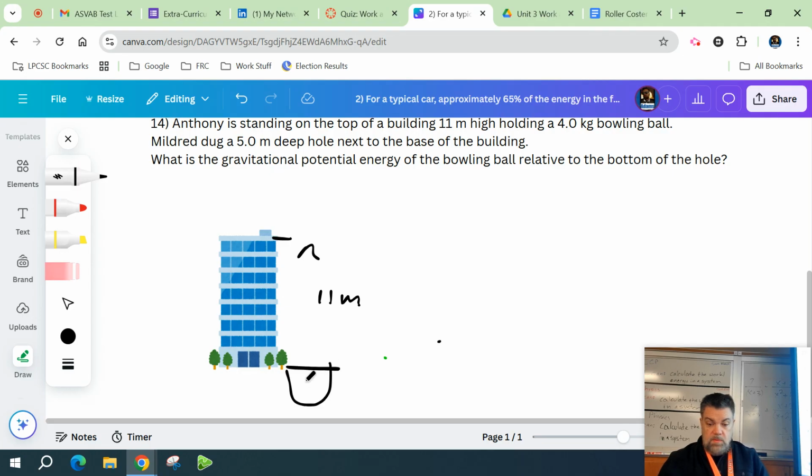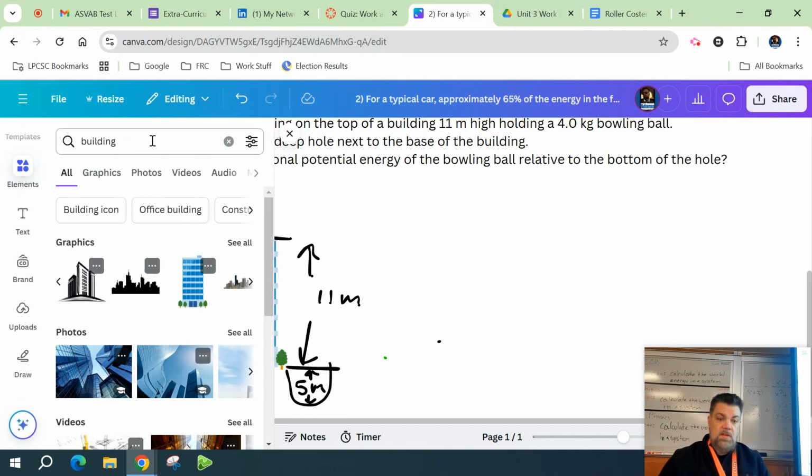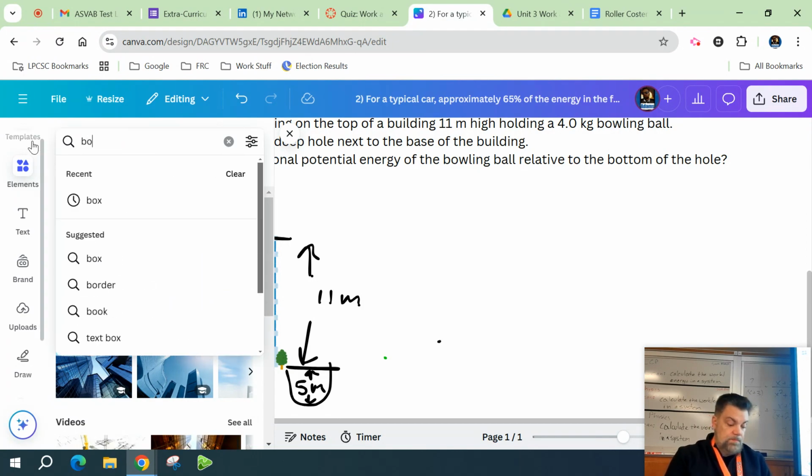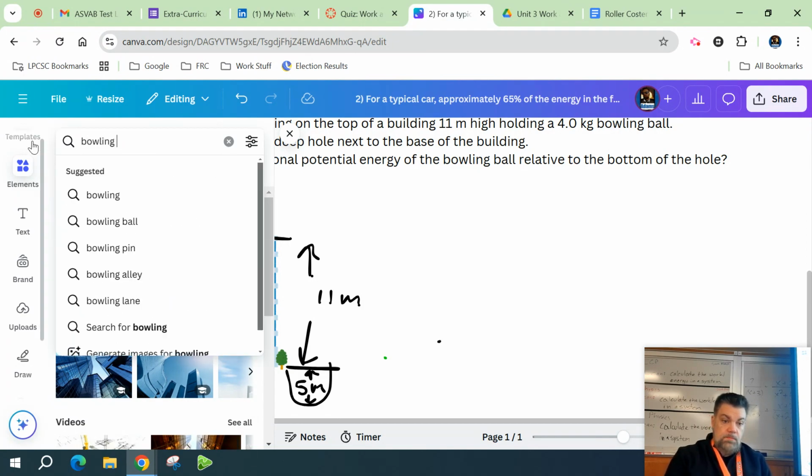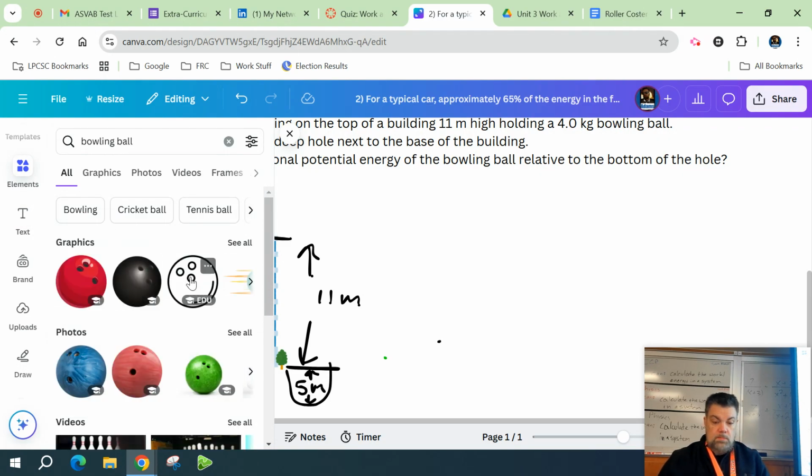So from here to here is 5 meters. And from here to here is 11 meters. And then we need a bowling ball. Perfect. Let's do this one. I like this one.